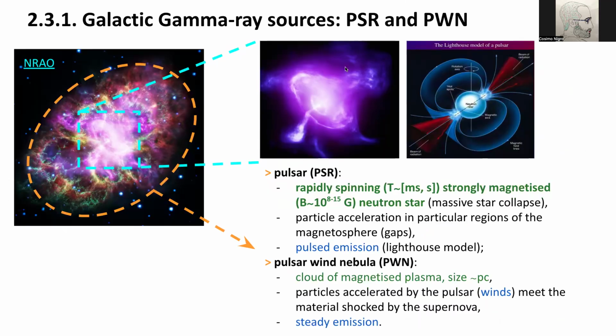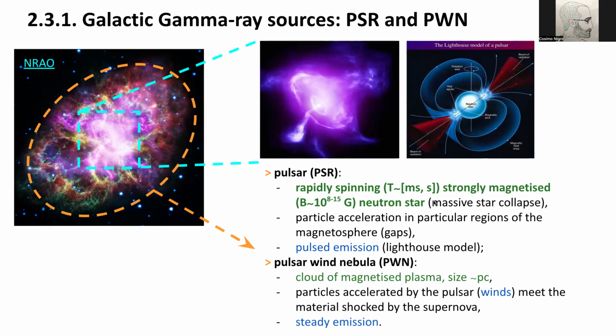Another important source that we'll find in our MAGIC dataset are pulsars and pulsar wind nebulae. This is in a sense a very similar object, because it is a dead star, a neutron star, within the shell of its previous self, the exploded shell of the supernova.